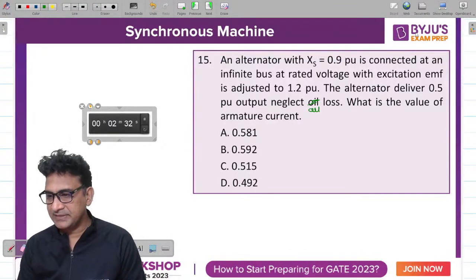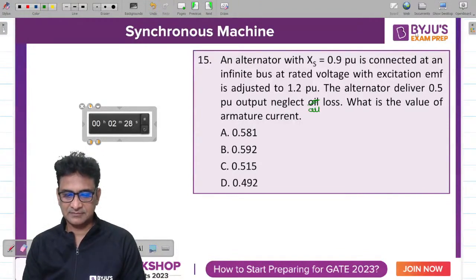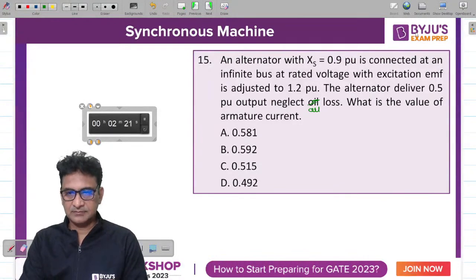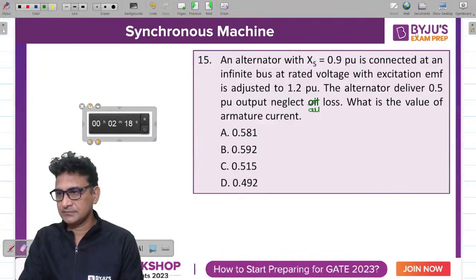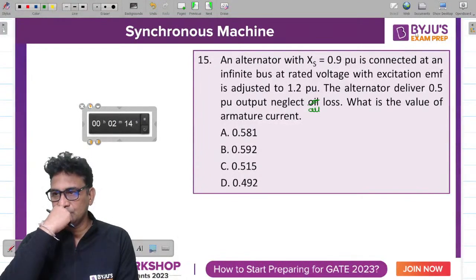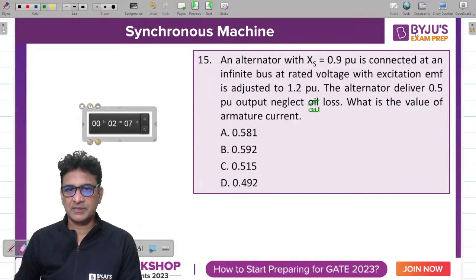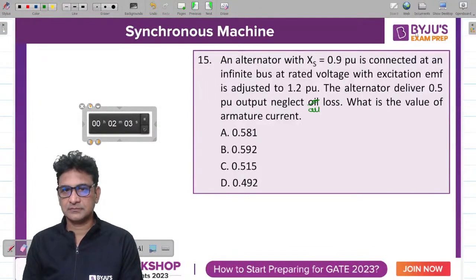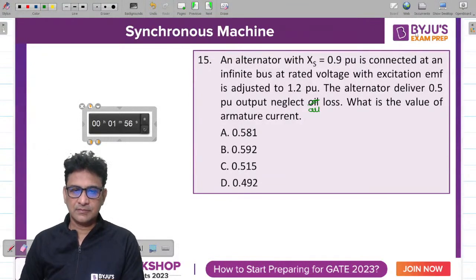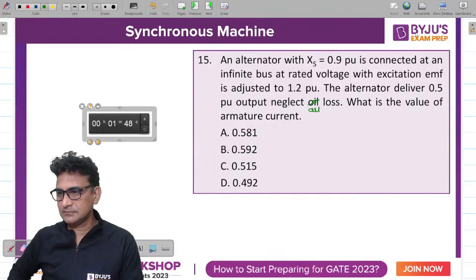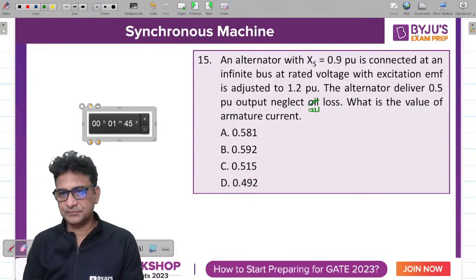As per Neeraj, C is the correct option. Still you have 1 minute 40 seconds.